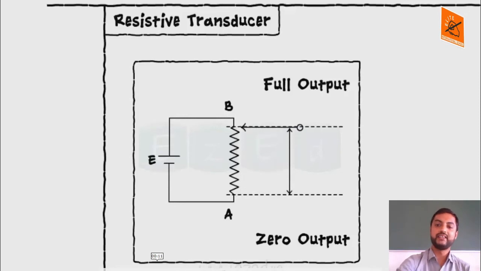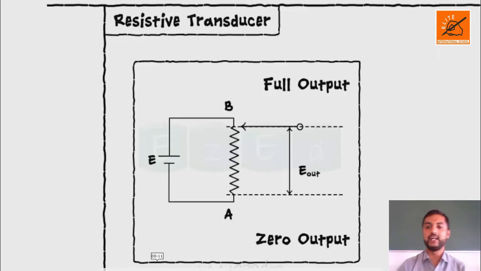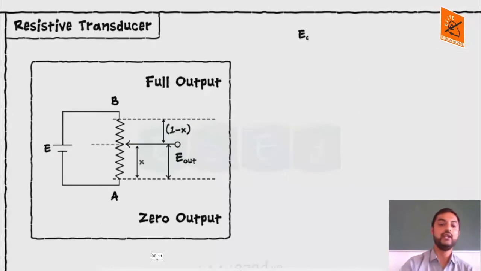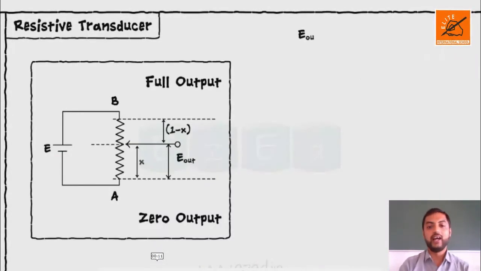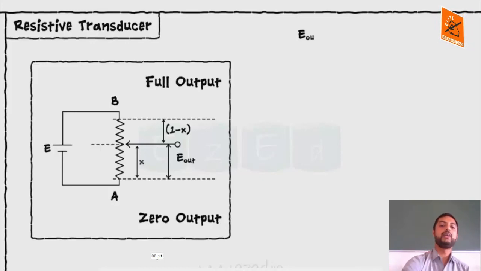It moves like this, and between these you can get the output voltage. When this shaft is in between, at point X, as I have shown you in this figure, at that time the remaining part is 1 minus X.